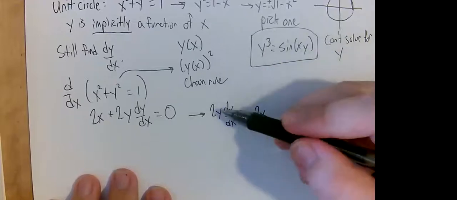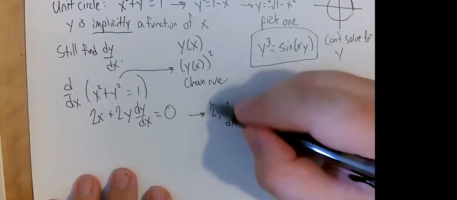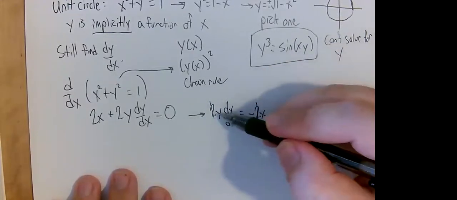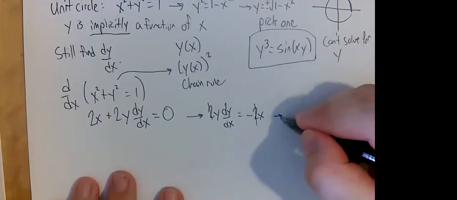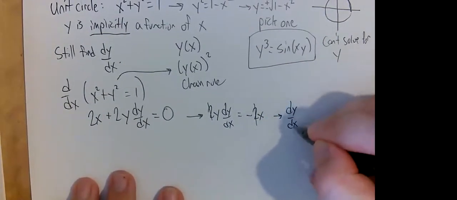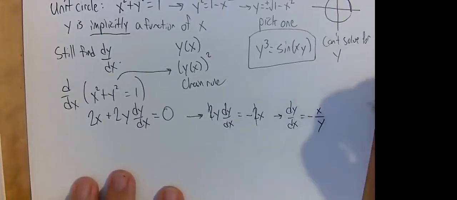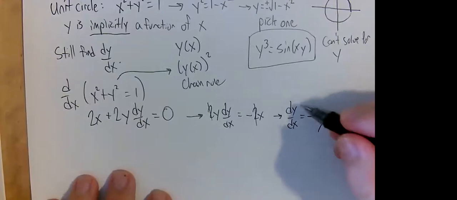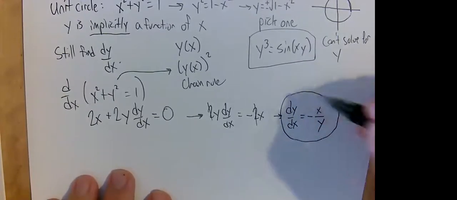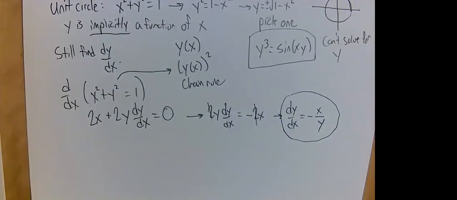All right, and then I suppose I could divide by 2, which will cancel these 2's, and I could also divide by y. So this gives me that dy/dx is negative x over y. Now, this is going to be our final answer here. So dy/dx is negative x over y.